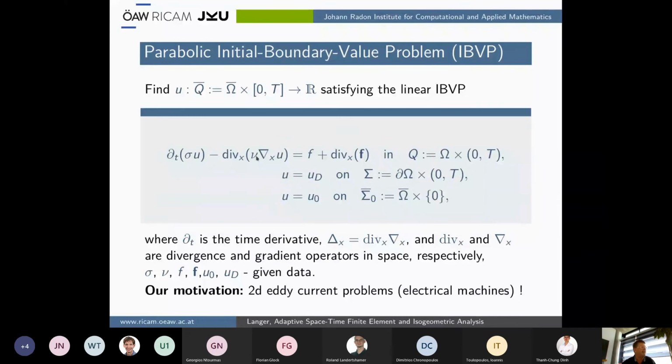One over this is the permeability, and sigma is the electrical conductivity. I'm interested also in this. So this is a distribution on the right-hand side. So f can have jumps as a function, and if you take the derivative of a jumping function, then it will be something like a delta function, in this case a line delta function.